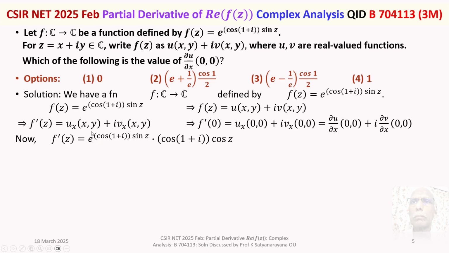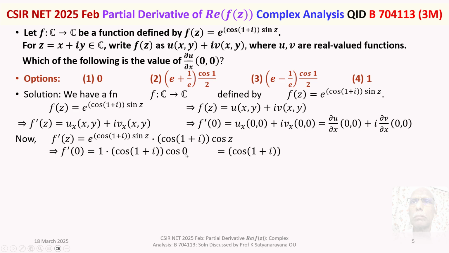Now, take f of z and differentiate with respect to z. The derivative of the exponential is the exponential itself, e power cos of 1 plus i multiplied by sin z, then multiplied by the derivative of the power. In the power, cos 1 plus i is constant, and the derivative of sin z is cos z. Now, substitute z is equal to 0: f prime 0 is equal to e power sin 0, which is e power 0 is 1, into cos 1 plus i into cos 0.